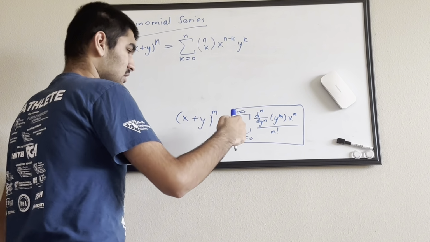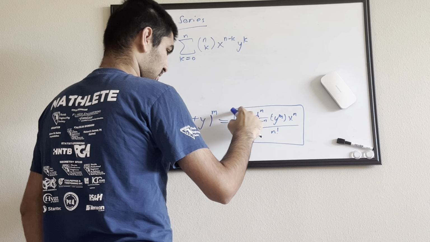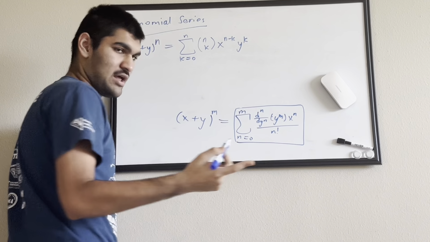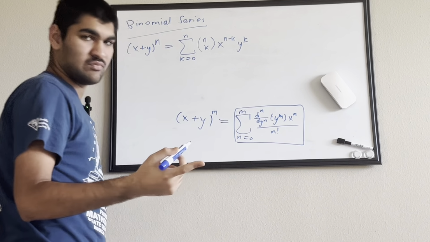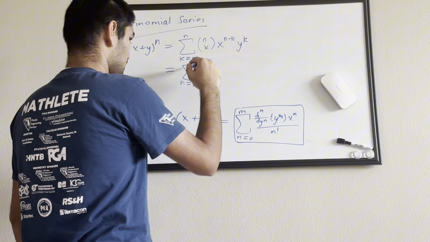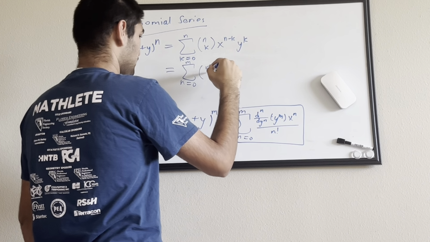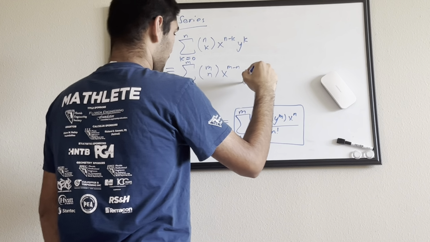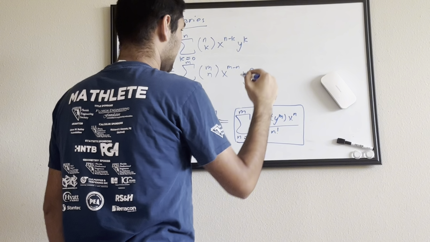So technically, this is the same thing as saying the sum as n goes from 0 to m, because the derivative of everything after m is just going to be 0. Okay? And because k and n are just variables, we can change the variables to match this. Then it would be m choose n, and then x to the m minus n, y to the n.